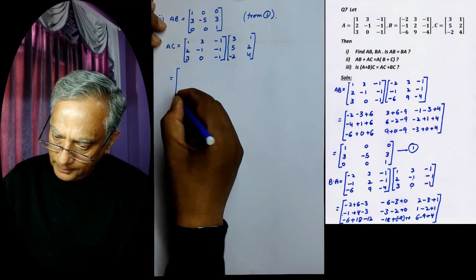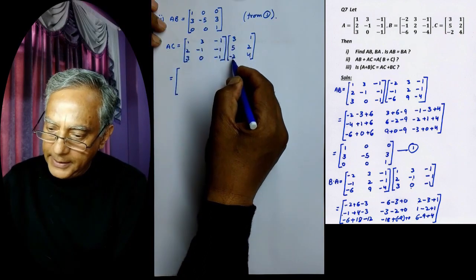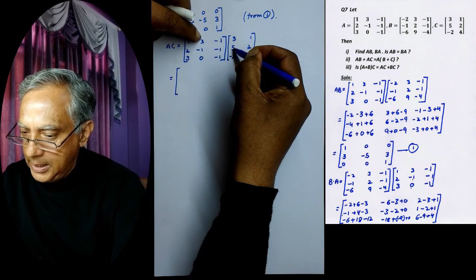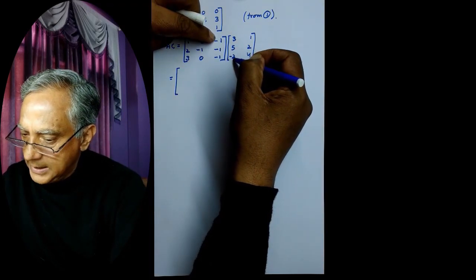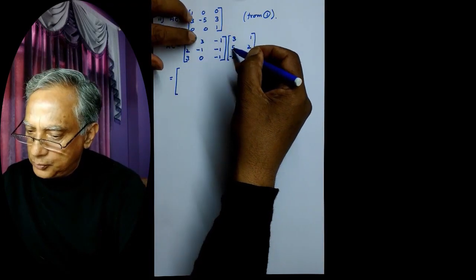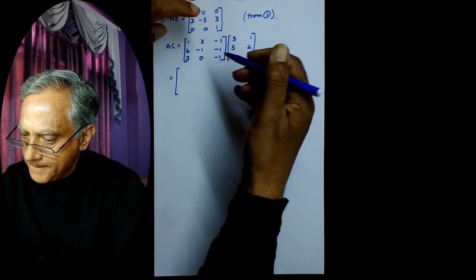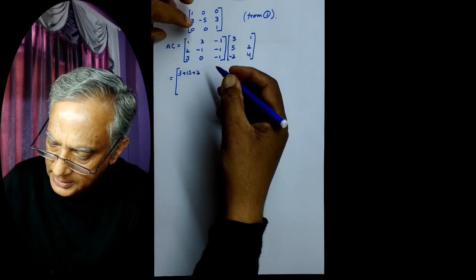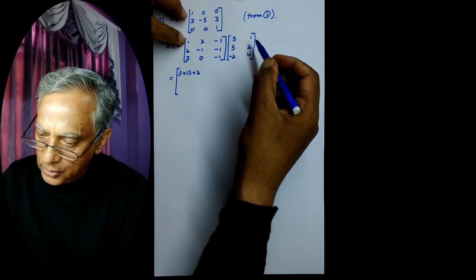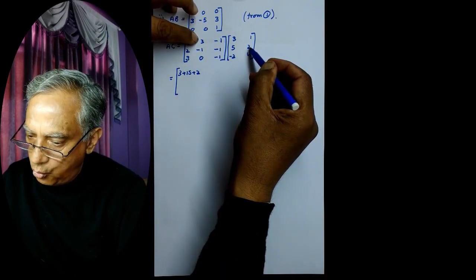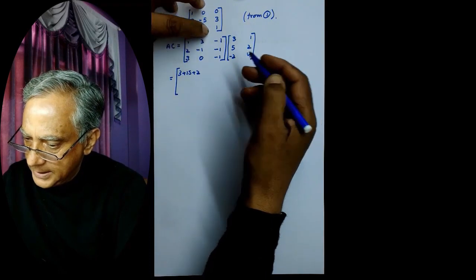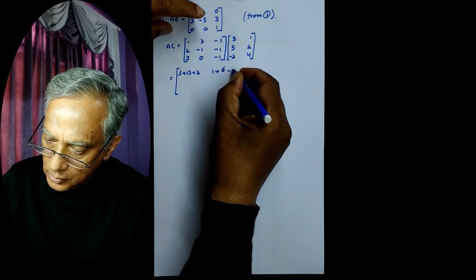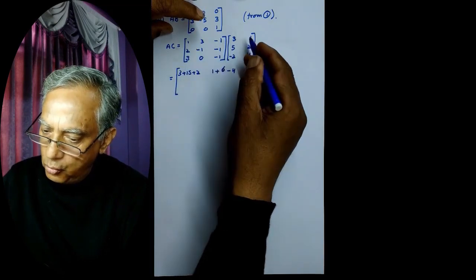This is equal to, now multiply this row with this column. So first entry with first, 3 plus 15 plus 2. This into this. 1 plus 6 minus 4.